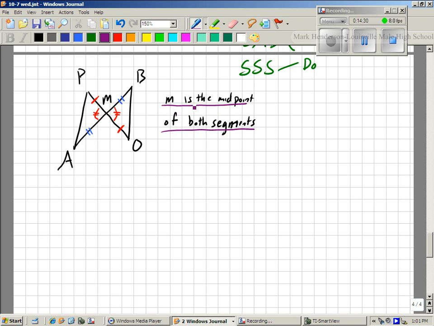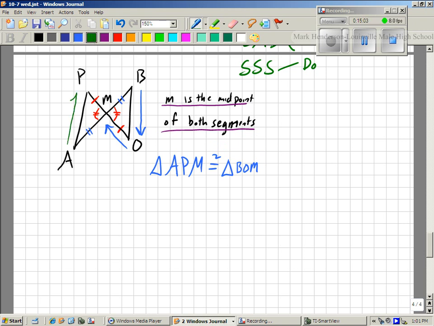All right. So what we're going to talk about from now on is which two triangles are congruent. So triangle APM is congruent to what? BOM. Remember, it's directional. It has to go in the same direction.